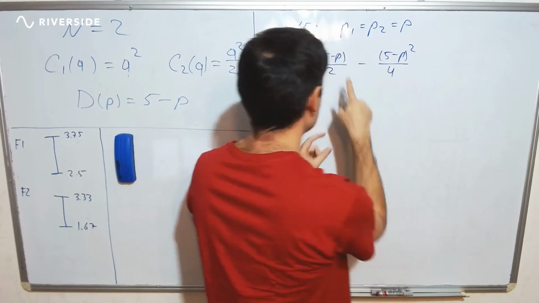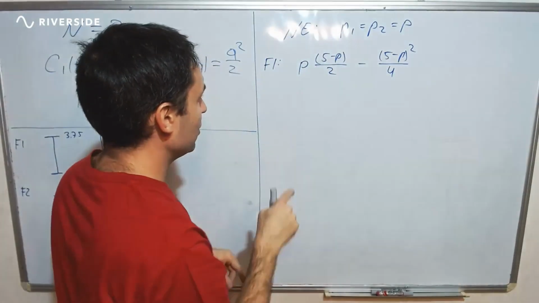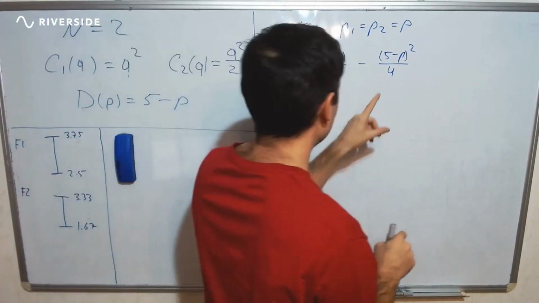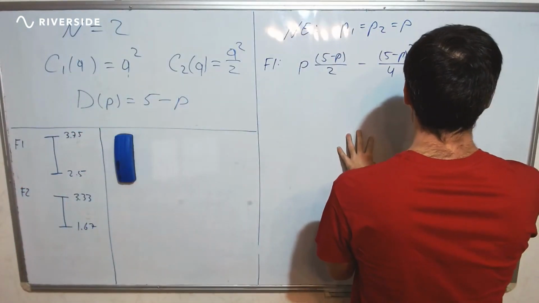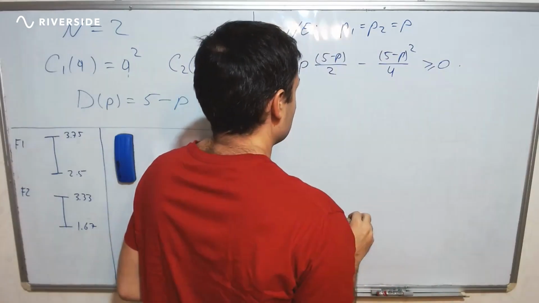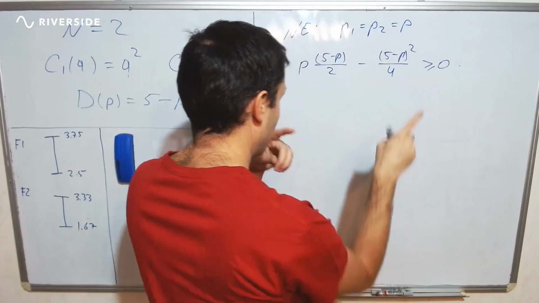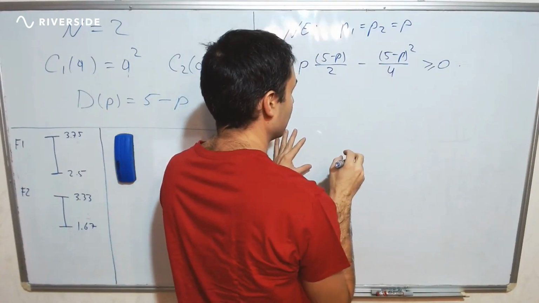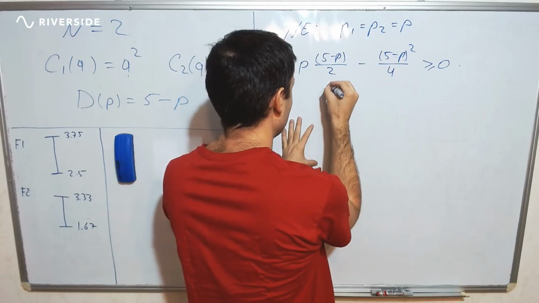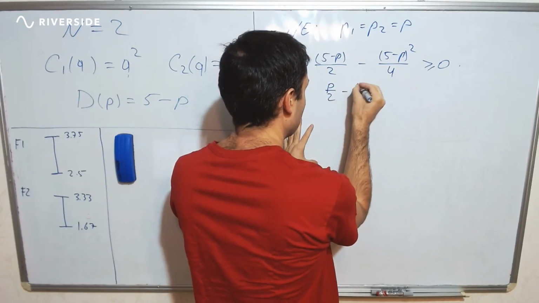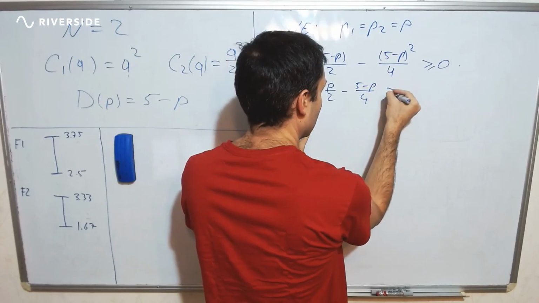So half of the demand is (5 minus P) over 2, and I need to square it. So that's why it's 4 here. This has to be greater than 0. Again, we cancel 5 minus P. We'll get P over 2 here, minus (5 minus P) over 4 here.